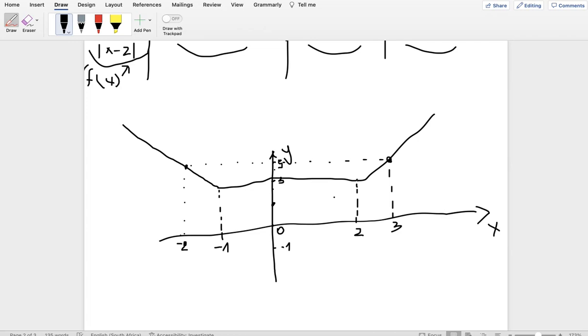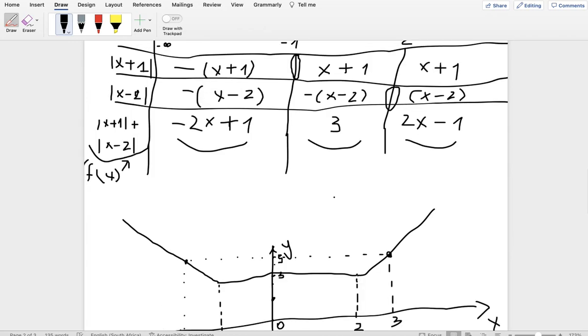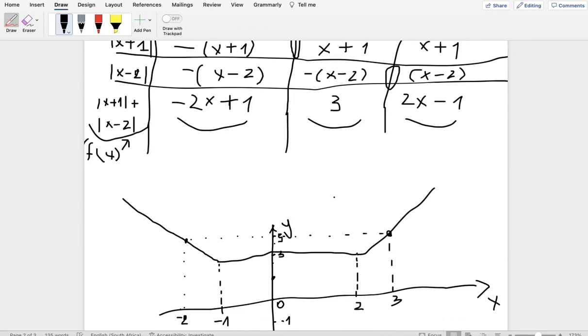Do you guys understand this? Any questions? Obviously, like I said, this is not to scale, and it's not very tidy.